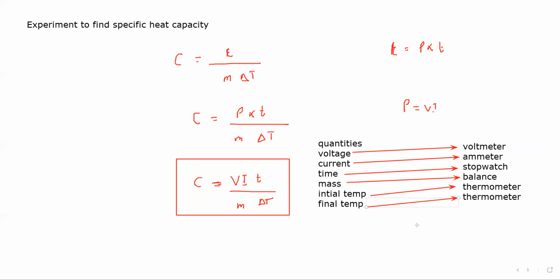Before the heat is supplied, you will measure the initial temperature, and after some time, like 5 minutes or 3 minutes, you will measure its final temperature and use the formula to calculate the specific heat capacity.